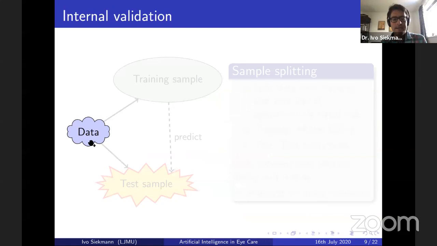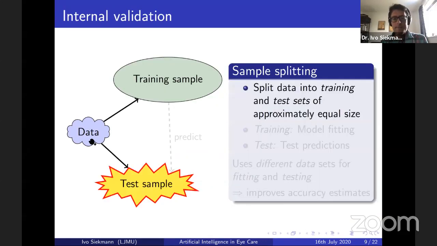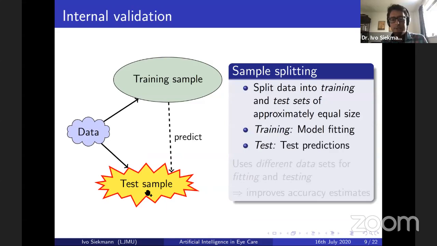So when we have a data set, we typically try to split the data set into 2 halves of approximately the same size. And one half is called the training sample, and one half is called the test sample. And when we split the data in these 2 halves, then in our training sample, we can use the data for fitting our method, and the test sample can be used for testing our predictions.